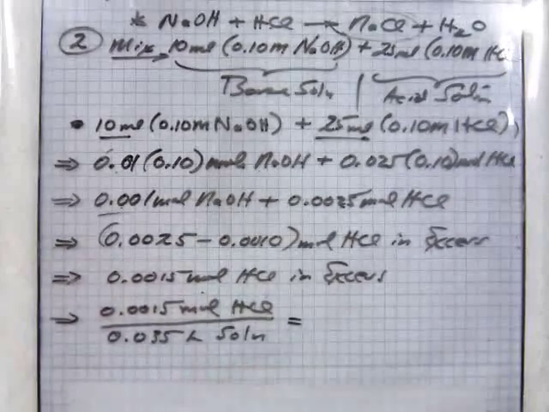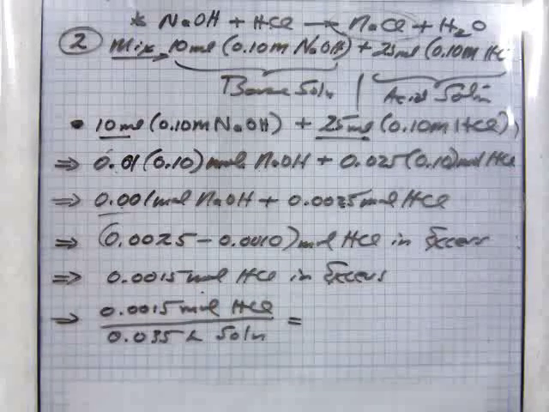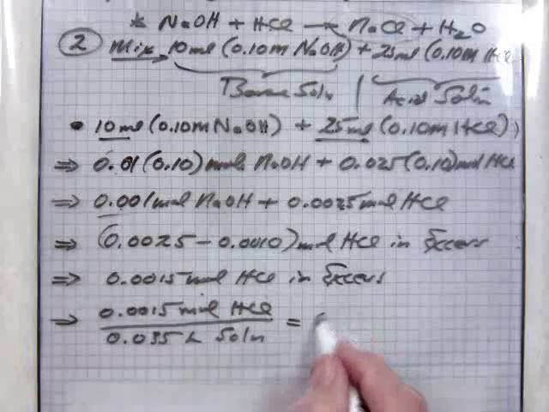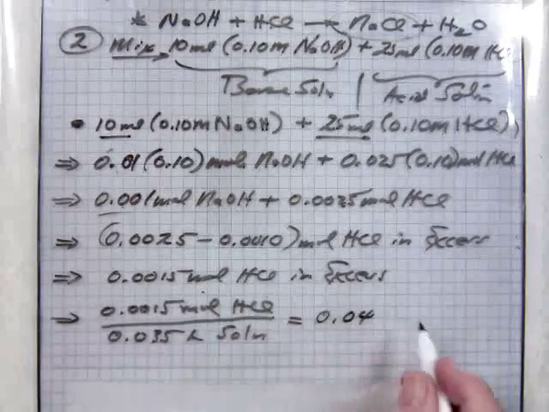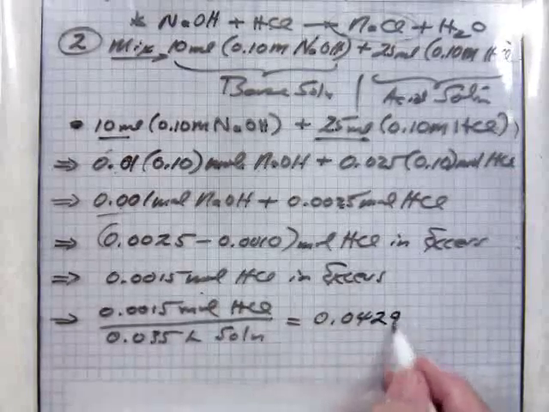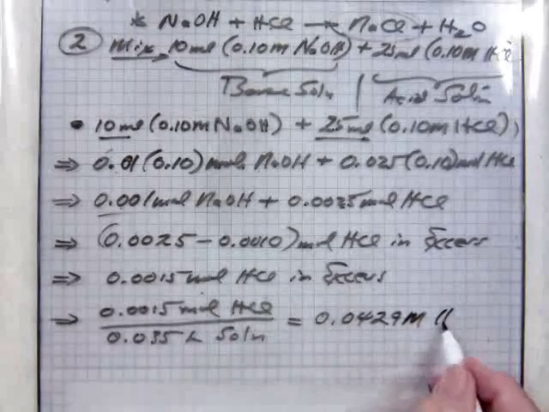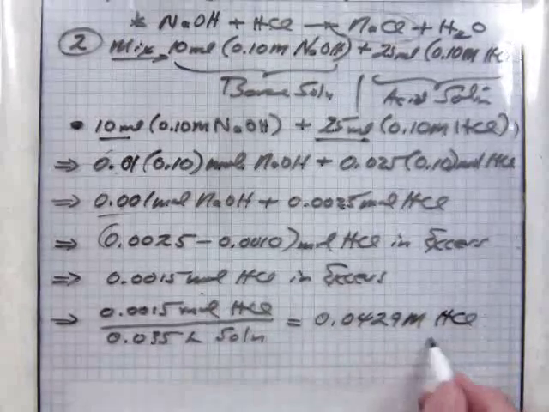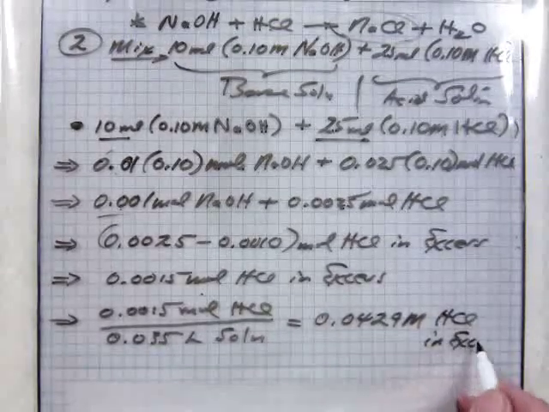And so dividing that out gives us the concentration of HCl in excess, and that gives us 0.0429 molar HCl in excess.